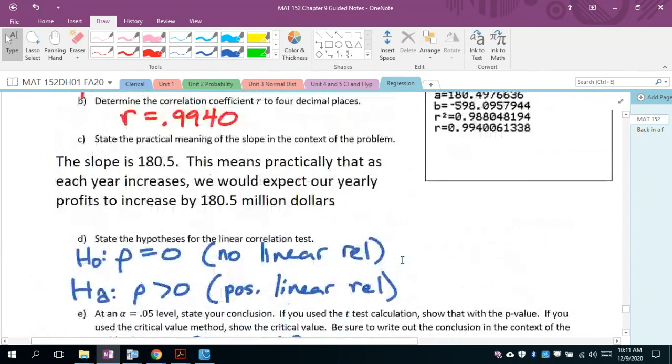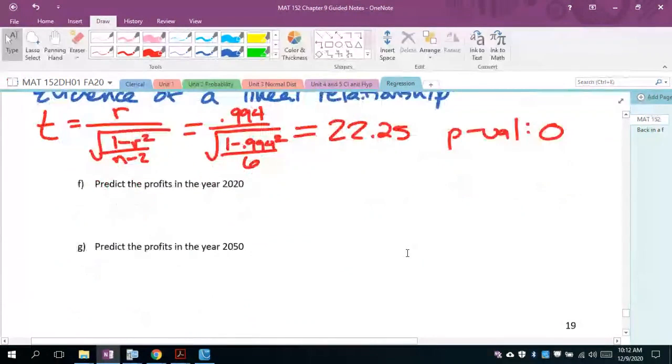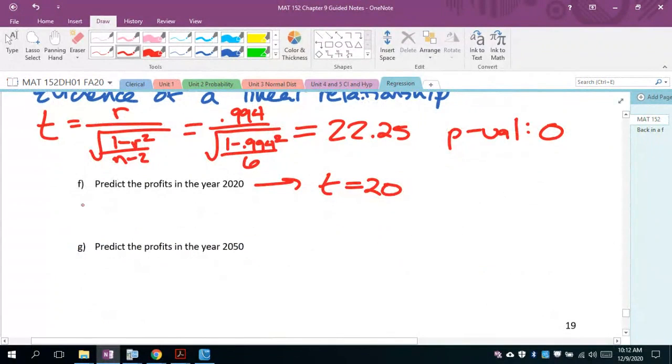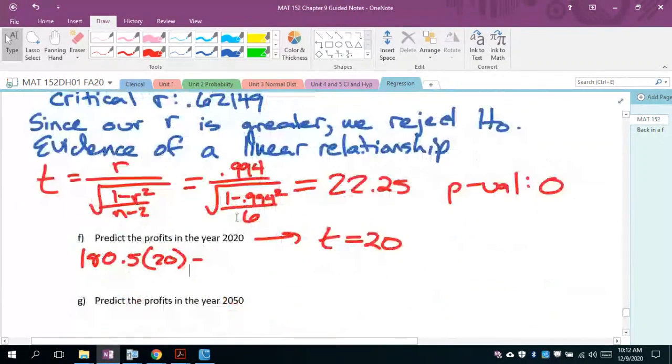So we're going to predict the profits in the year 2020. Now for 2020, that means t is going to be 20. So the profits for that year, 180.5 times 20 minus 598.1.